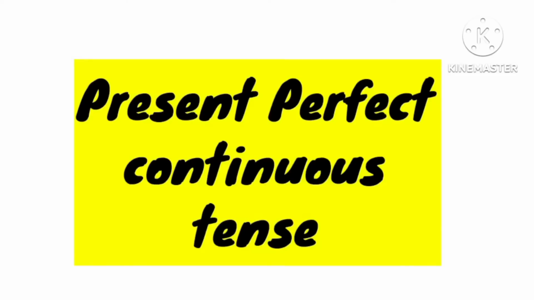Now, coming to the present perfect continuous tense. Present perfect continuous tense almost seems like present perfect tense, but present perfect continuous tense emphasizes a specific period or a specific time from which that activity is happening.